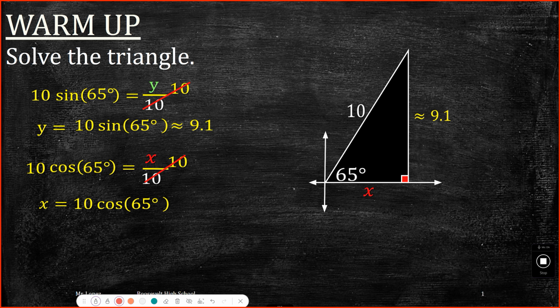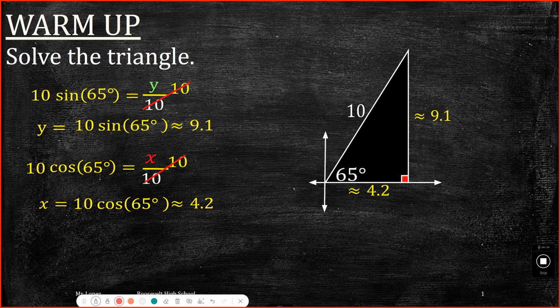You can put that in your calculator, 10 times cosine 65. What is it? About 4.2? Okay, so 4.2.